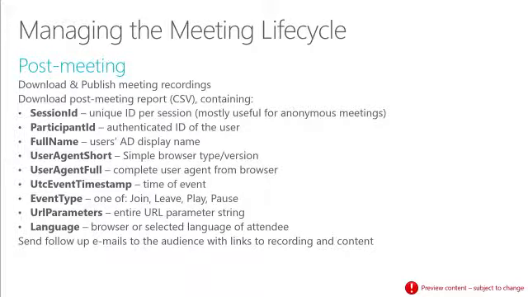And this report contains a list of everybody who joined the meeting, what they did, what kind of browser they used, did they join it, did they pause it. So it will give you an overview of what each attendee did during that meeting, which is of course very nice. You can see how many people were in the meeting, how long they were in the meeting, if they really cared. And this kind of information is used for your own feedback on your meeting, but it can also be used to maybe send out a meeting summary via email to the people that actually attended.